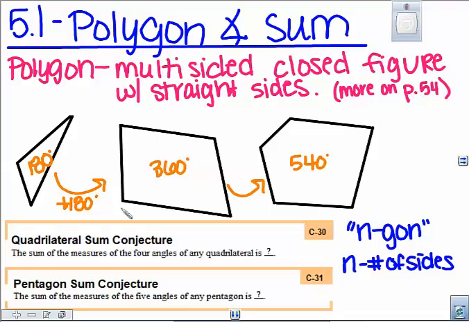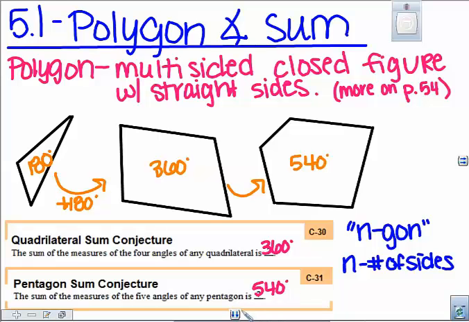The quadrilateral sum conjecture states that the sum of the measures of the 4 angles of any quadrilateral is 360 degrees. Same thing for a pentagon: the sum of the measures of the 5 angles of any pentagon is 540 degrees.